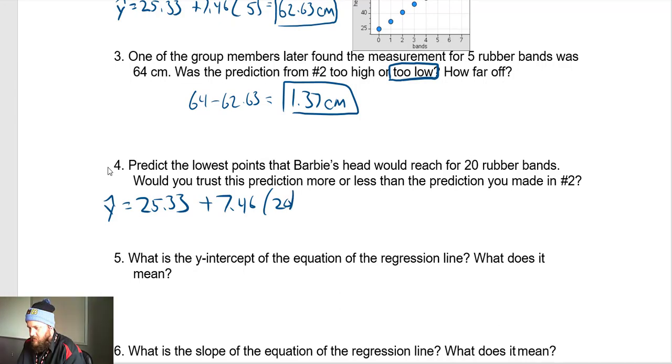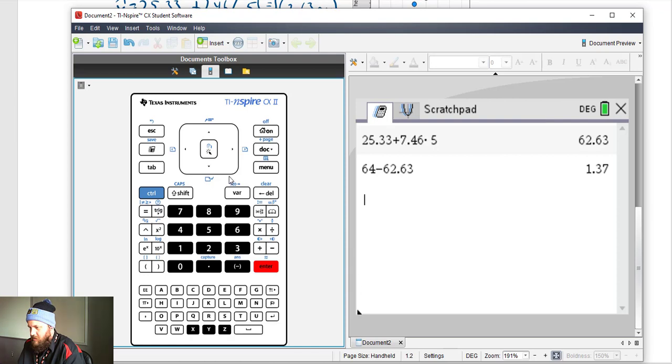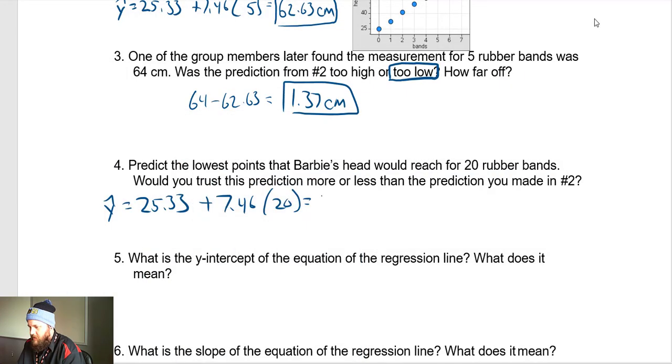Let's see, what does that give us? I'll go up here, enter, and then say 20 for our bands. So 174.53 centimeters. That's pretty far, right?